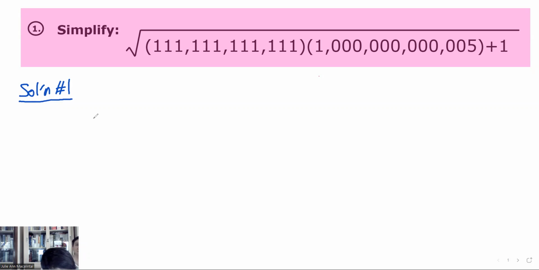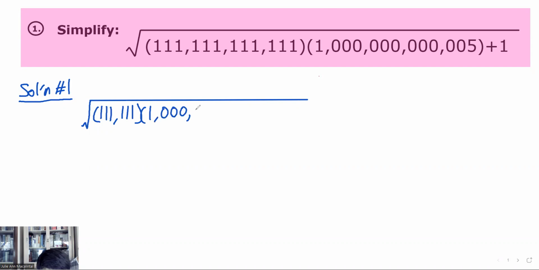Okay. So this is the basic idea of how I got it. Since these are big numbers, we scale these down. This is unnecessarily long.